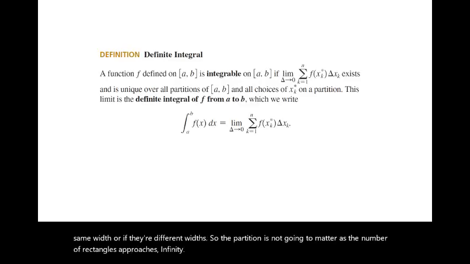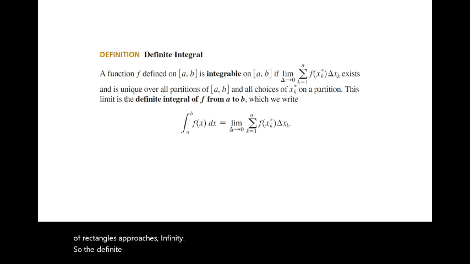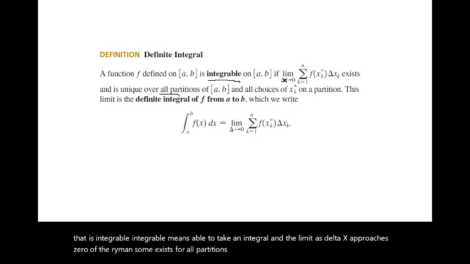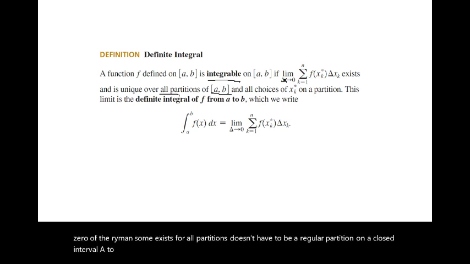So the definite integral looks something like this, and here is its definition. If you have a function that is integrable, meaning able to take an integral, and the limit as delta x approaches 0 of the Riemann sum exists for all partitions, it doesn't have to be a regular partition, on a closed interval a to b, then the definite integral looks something like this.